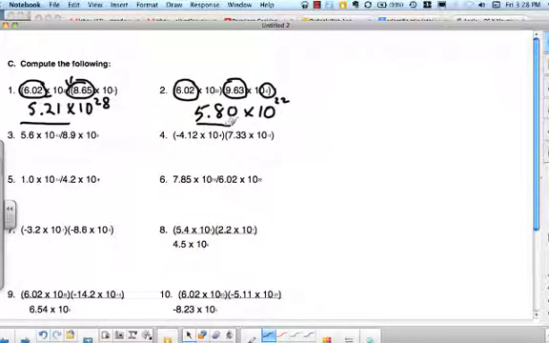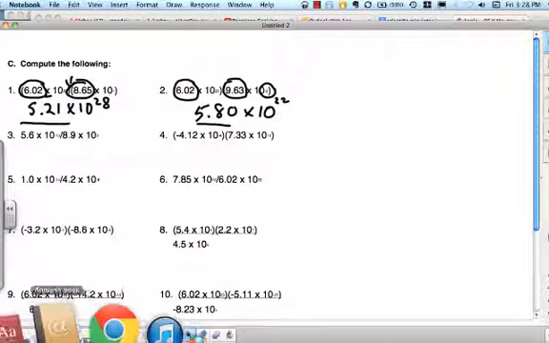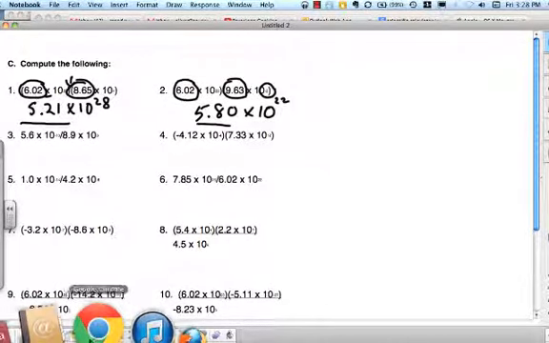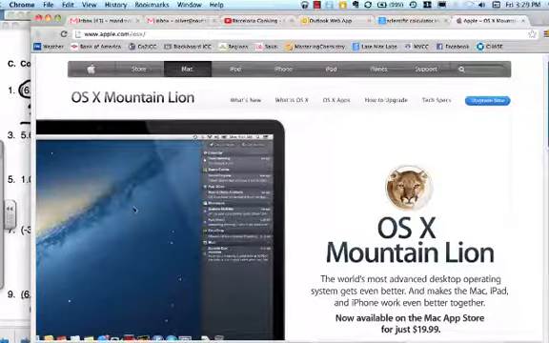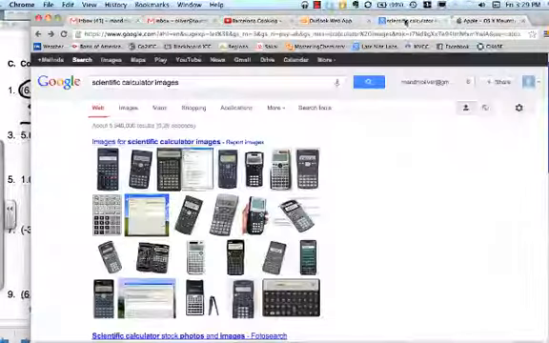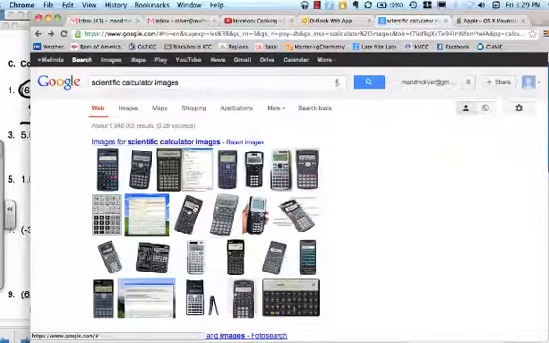Let me go back to the images and show you what I'm talking about with that negative. All right. It's been my experience that students don't really understand how to use their calculators, especially when it comes to scientific notation.